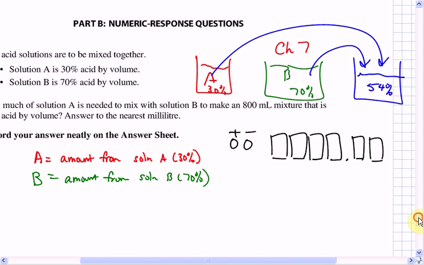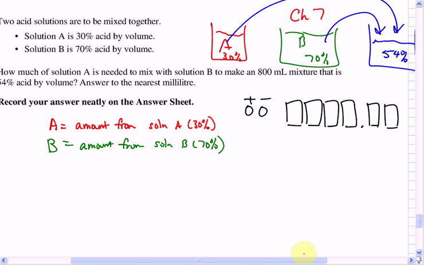Let's get creative, okay? Now, I'm going to take an amount from A and an amount from B, and what's my total amount going to be in my new mixture? It's 800. So what kind of formula do I create? An amount from A and an amount from B put together gives me 800. Great. There's your first equation.